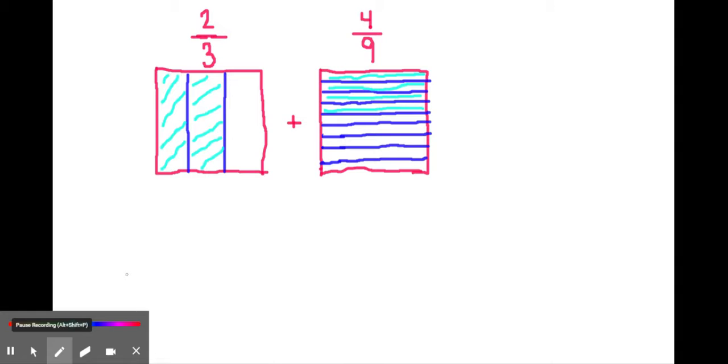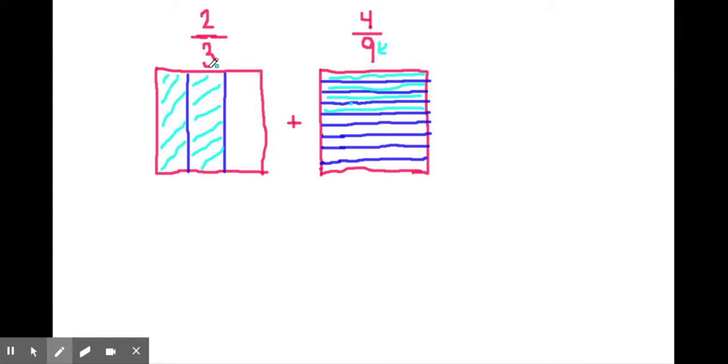Next, we're going to go ahead and shade in our area models according to our numerator. So I have 2 out of 3 of the thirds shaded in for 2/3, and 4 out of 9 of the ninths shaded in. Next, you subdivide each area model according to the denominator of the other fraction.